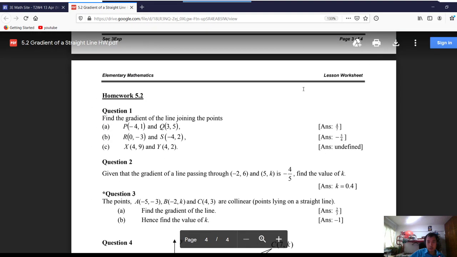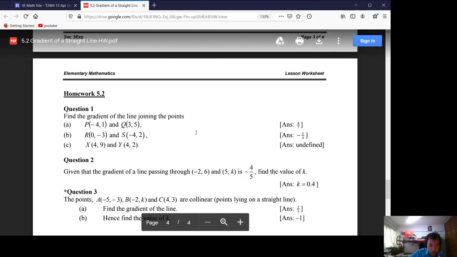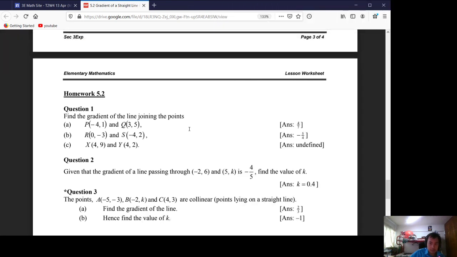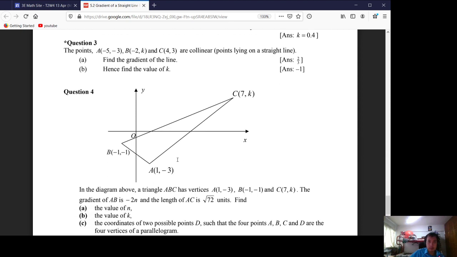Now let's scroll down to see. Actually, the first part you can do, it's gradient. The last one is a trick question for gradient, because undefined basically means it's a vertical line, and you can tell by the first two numbers that it's vertical, so it doesn't really have any gradient. Just help with the hardest one there.